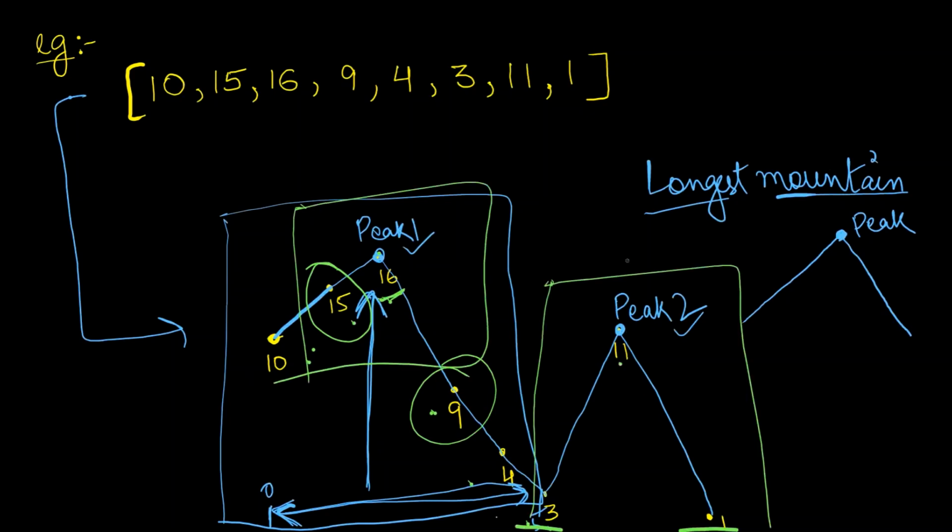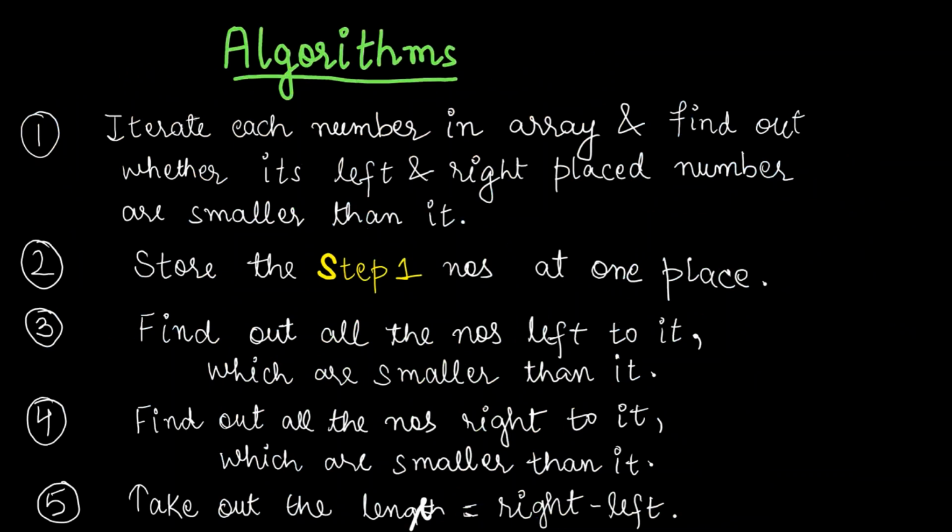Peak. So here we are getting the second peak. That's why in step 1 we need to iterate on each number so that the left and right side of that iterated number should be less than it. If they are less, that means it is making a peak. So by now we'll be getting the peaks in an array.